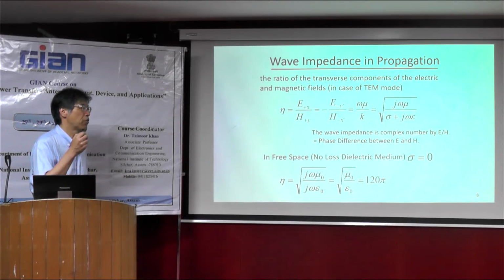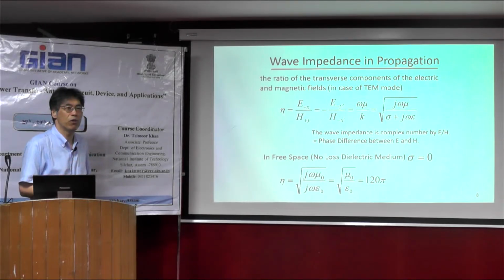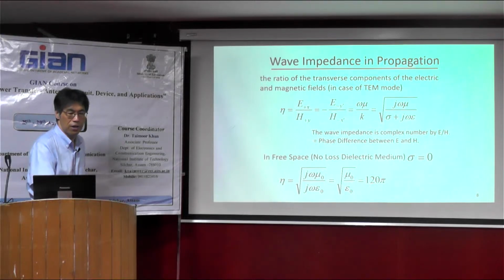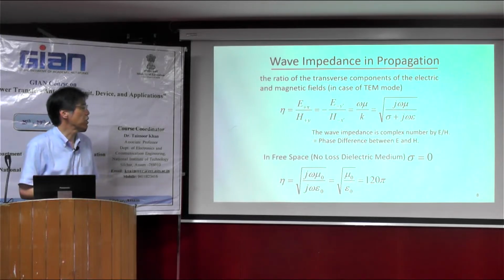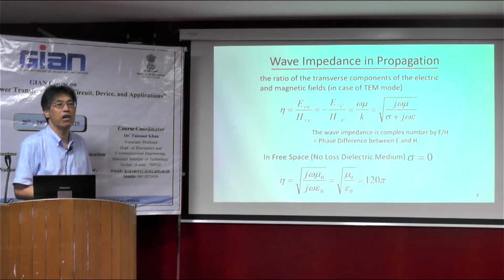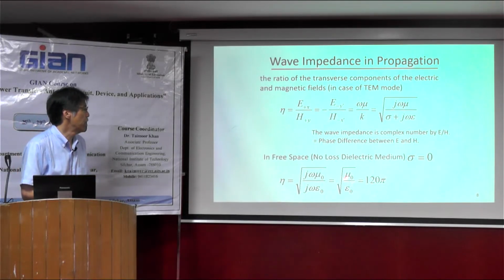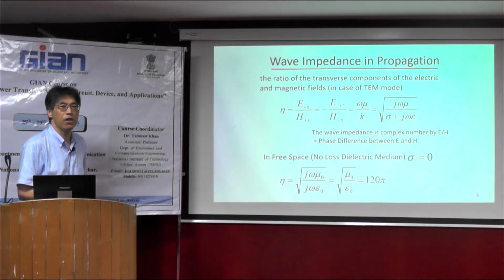So at last, if the wave propagates in different media, different epsilon or different mu, reflection or refraction occurs. So this is a first parameter to describe the characteristics of the radio wave generally. So please remember, impedance in free space is 120 pi.